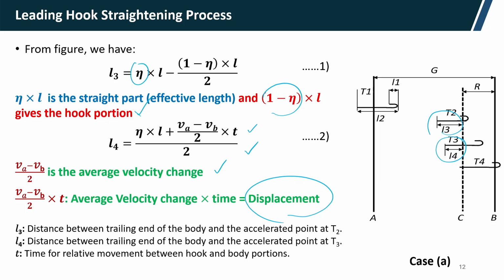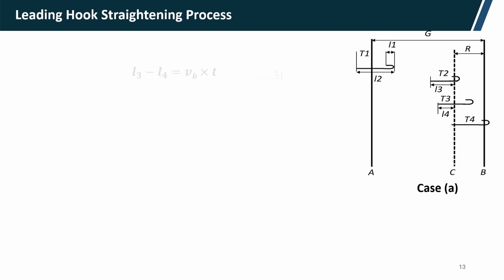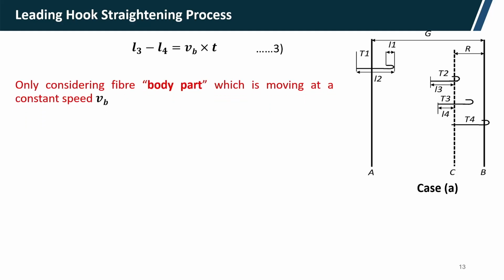T is the time for relative movement between the hook and body portion; there will be some relative movement. So, L3 minus L4 equals V B multiplied by T. Only the body part is considered here, which moves at the speed of the back roller V B. So, the displacement L3 minus L4 equals speed into time, V B multiplied by T.